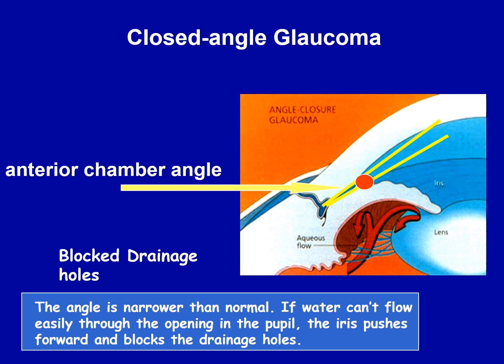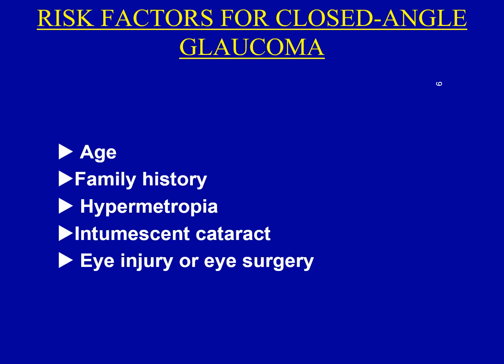Here, if there is obstruction at the level of the pupil, the aqueous accumulates in the posterior chamber and pushes the iris forward, occluding the trabecular meshwork, so causing a rise in the intraocular pressure.